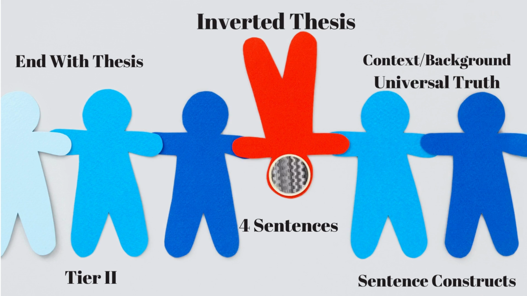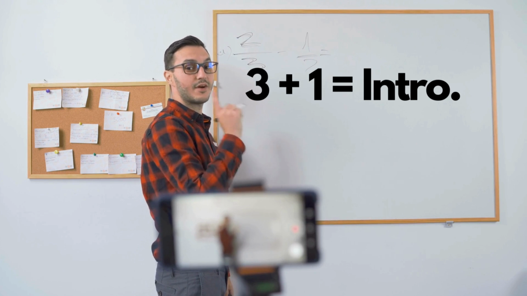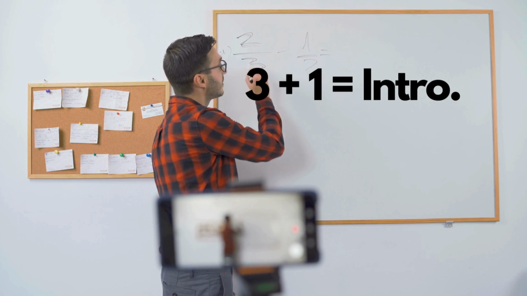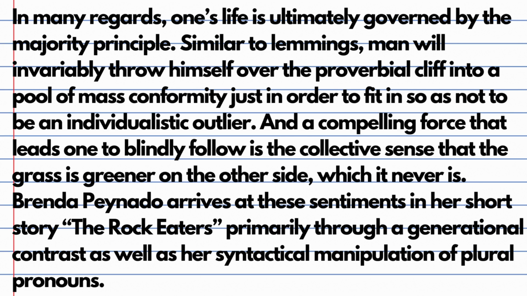So let's recap that. 3 plus 1, 3 authorial intent, 1 construction of meaning. So what I'll do here in exemplar 1 is I'll read it, and then I'll unpack it for you and explain how I'm manipulating my inverted heuristic. So here it is. In many regards, one's life is ultimately governed by the majority principle.